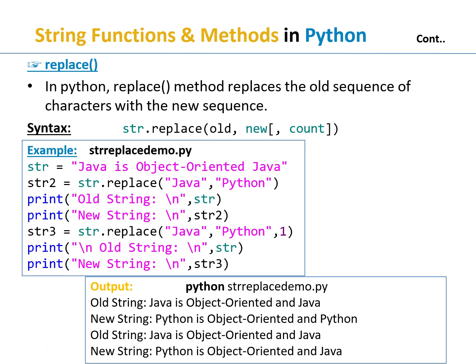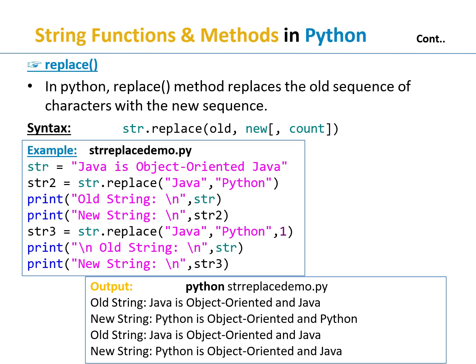The next one is the replace method. In Python, the replace method replaces the old sequence of characters with a new sequence. The syntax of the replace method is str.replace(old, new, count). The example: str equal to Java is object oriented Java, and str2 equal to str.replace Java, Python.